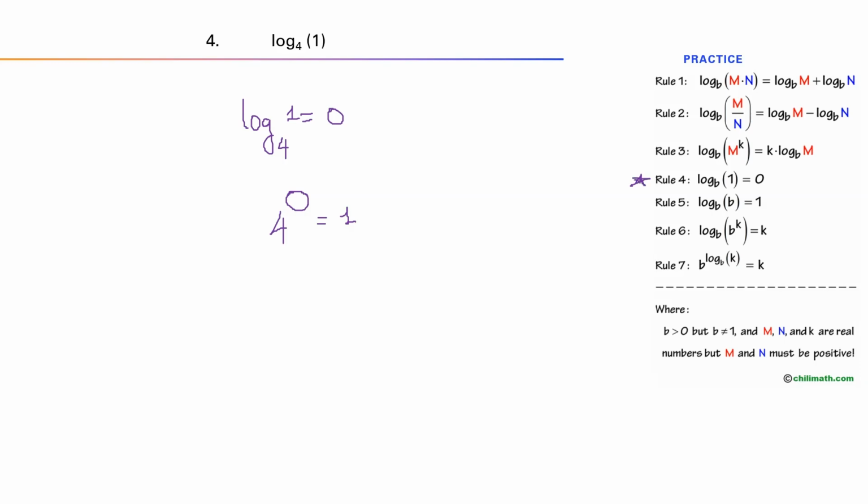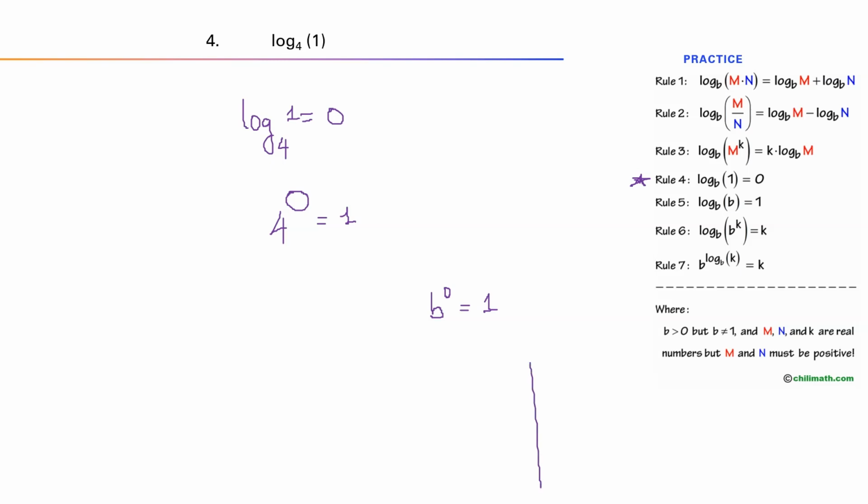Log of any base of 1 is equal to 0, because any number raised to the power of 0 is equal to 1.